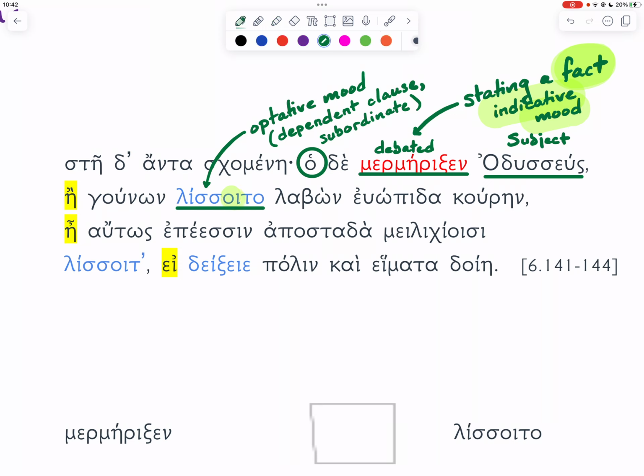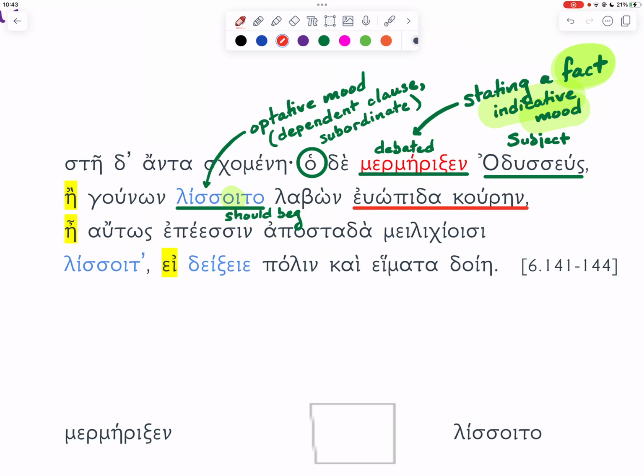When you translate optatives, you can do them as should. Sometimes you can do them as would, but you need to put it in context. So he actually debated if he should, lissoita means beg, so if he should beg the what?